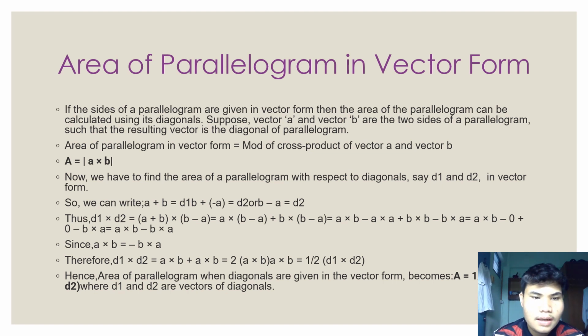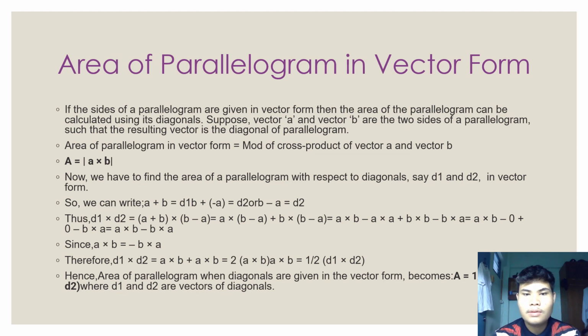Thus, D1 times D2 equals (A plus B) times (B minus A), equals A times B minus A times A plus B times B minus B times A, equals A times B minus 0 plus 0 minus B times A, equals A times B minus B times A. Since A times B equals minus B times A, therefore D1 times D2 equals A times B plus A times B, equals 2 (A times B).